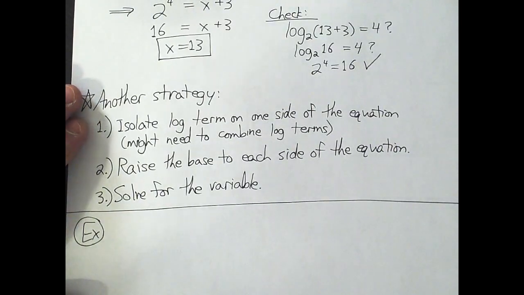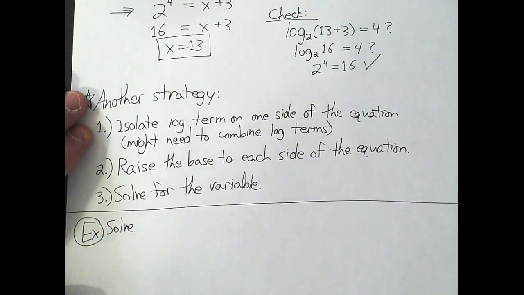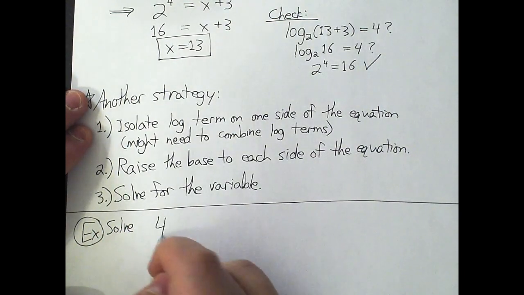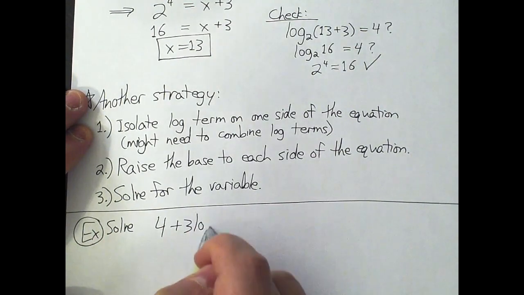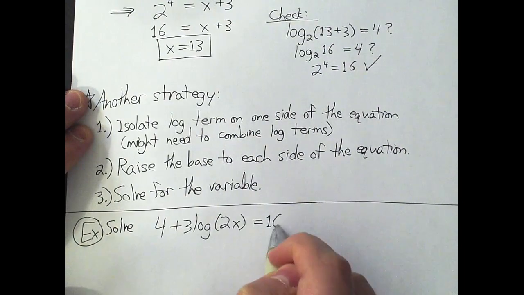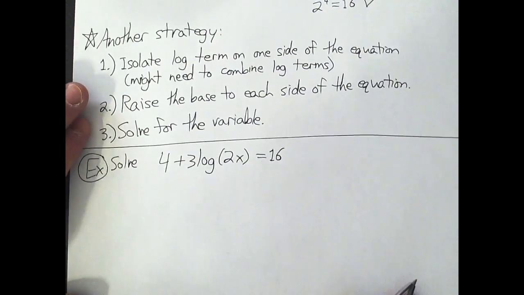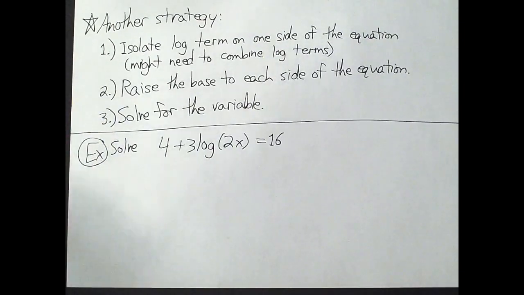I'll show you one of these. Let's solve 4 plus 3 log parentheses 2x equals 16. And let's try using this strategy.